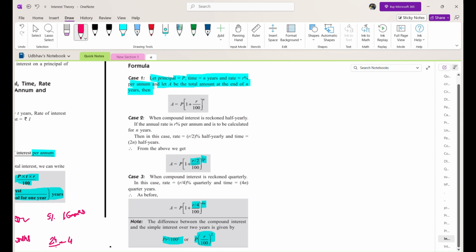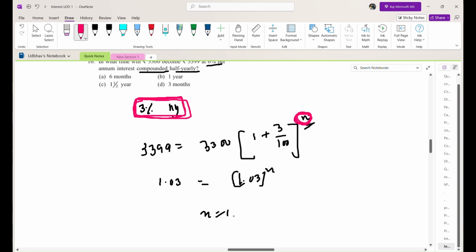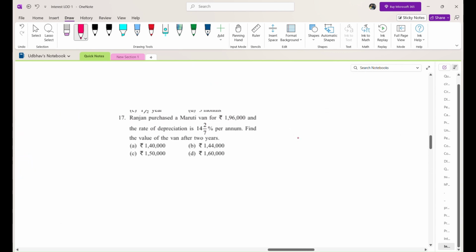For half yearly, the rate is r by 2 and the time is 2n. So we get n equals 1. So n will be 6 months, because n equals 1 is only half a year. If n was 2, then it would be 2 half years, which is 1 whole year. But here n equals 1, so it will be just 6 months. Next question.